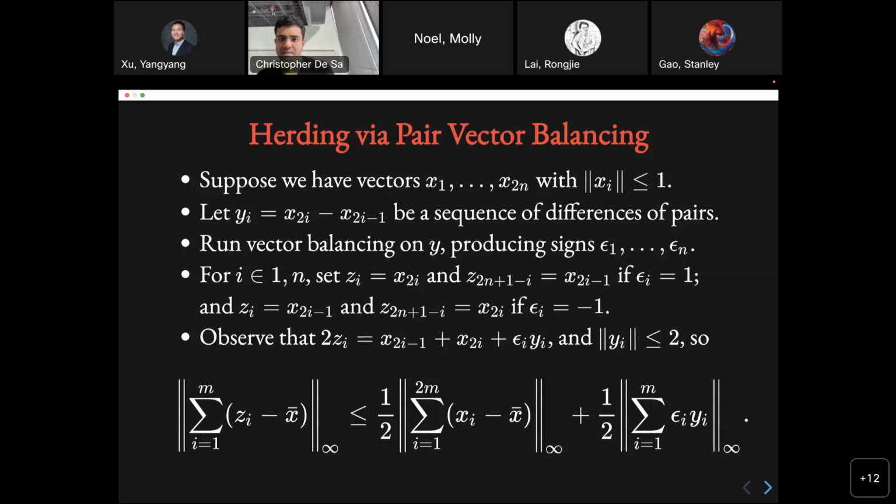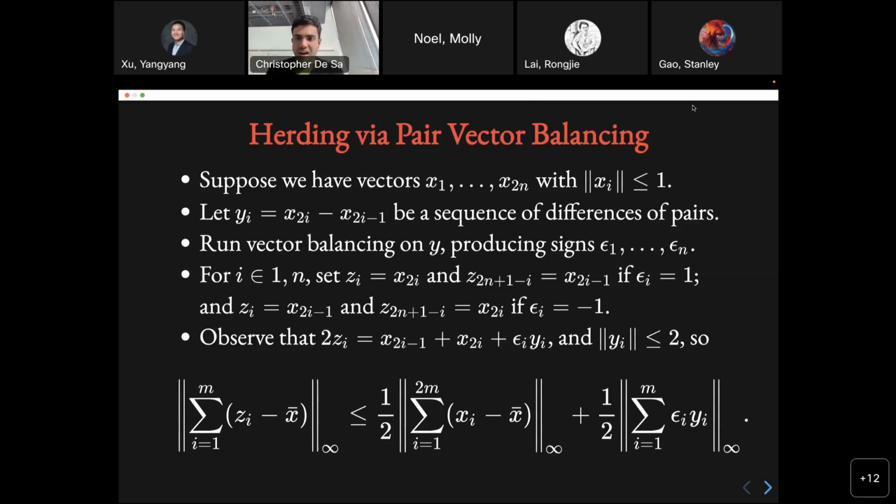So imagine that you have an even number of vectors, all of which have norm less than or equal to 1. We construct the sequence of differences of pairs of consecutive examples. So yi is equal to x of 2i minus x of 2i minus 1.